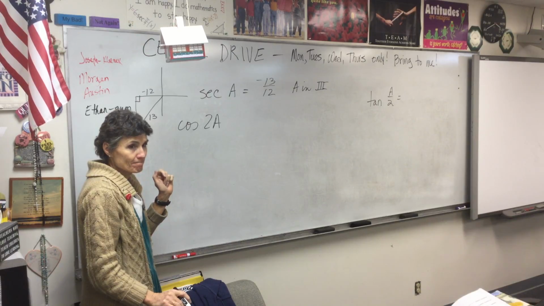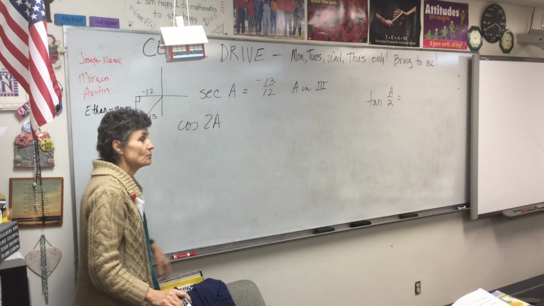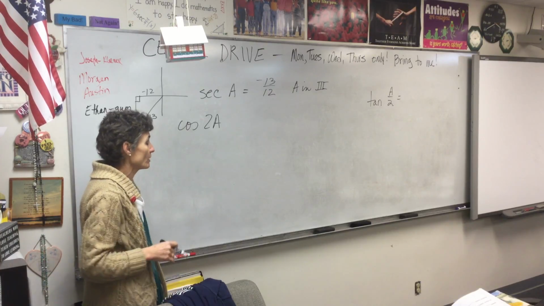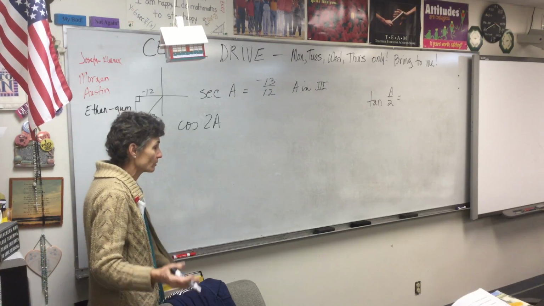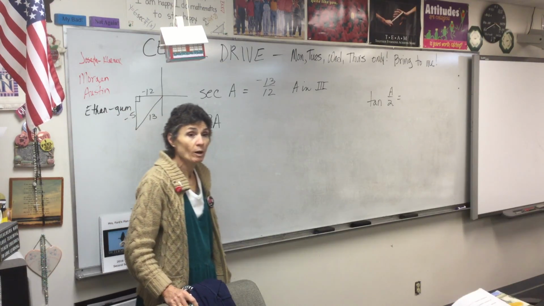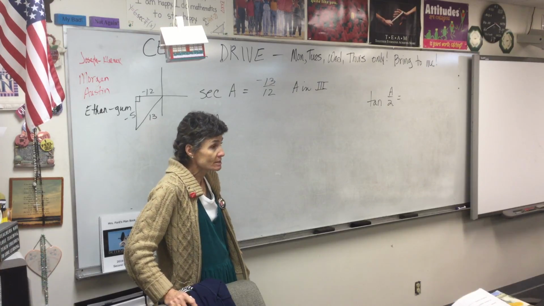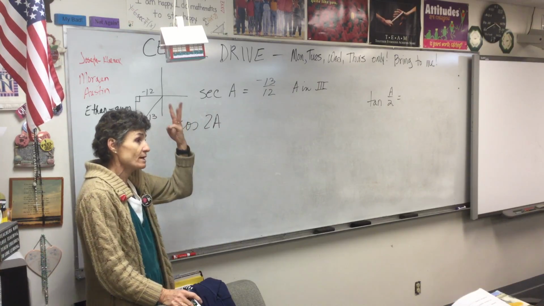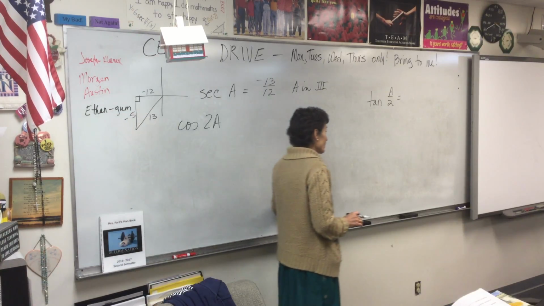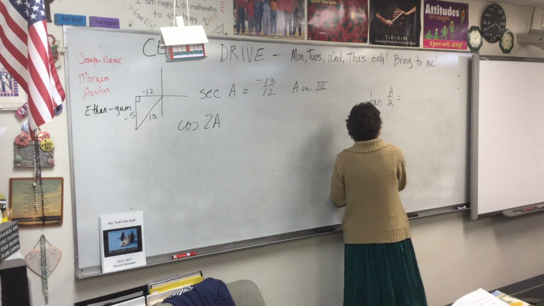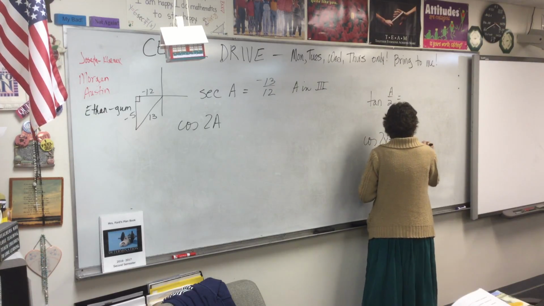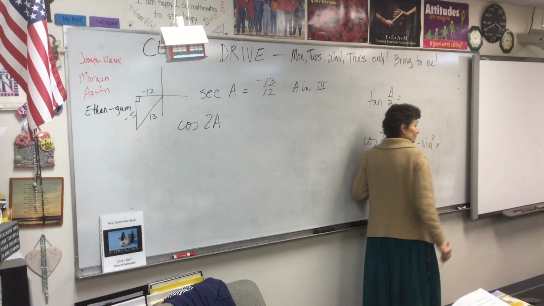Are we ready? All right, cosine 2A. Look at your sheet. You've never used these before, so you've got to look at the sheet to get the formula. How do you know which one to use? Because the cosine has 3 versions. Now, let me explain what's going on. The main one, and it should be the first one listed, is cosine squared minus sine squared.